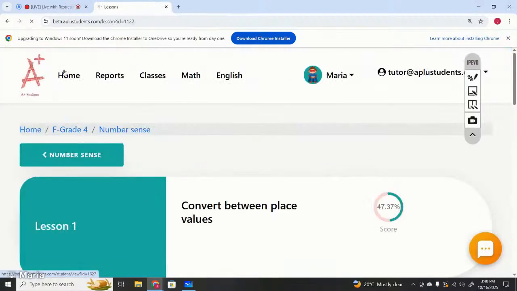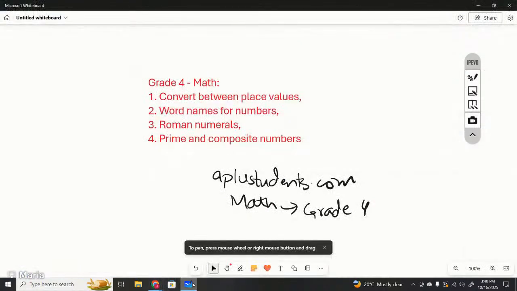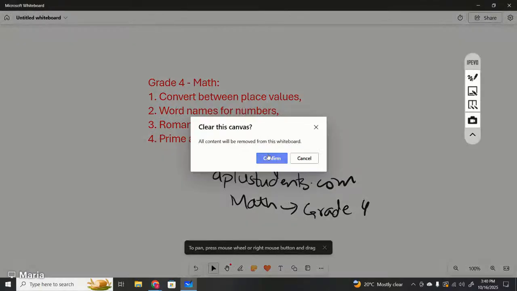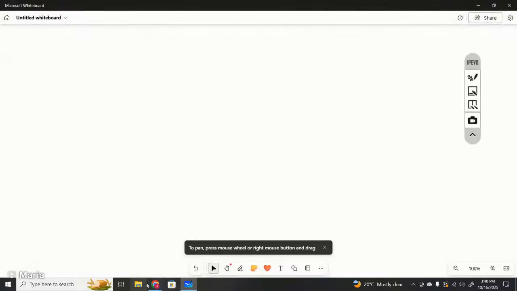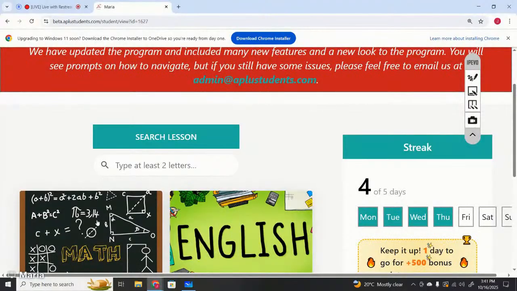The lessons we have covered today are place values, word names for numbers, Roman numerals, and prime and composite numbers. So please make sure before the next session you complete all the practice questions for the lessons we just did. That is your homework.